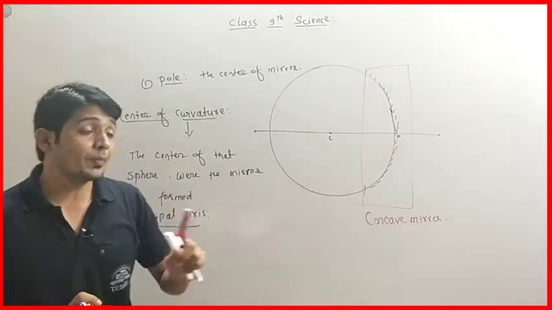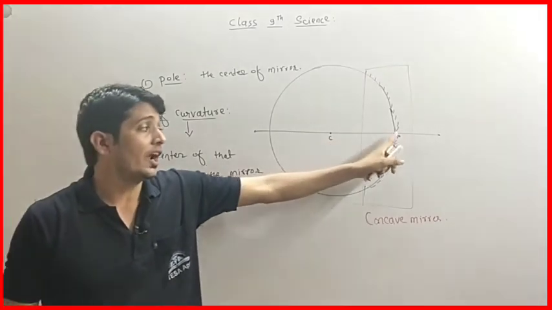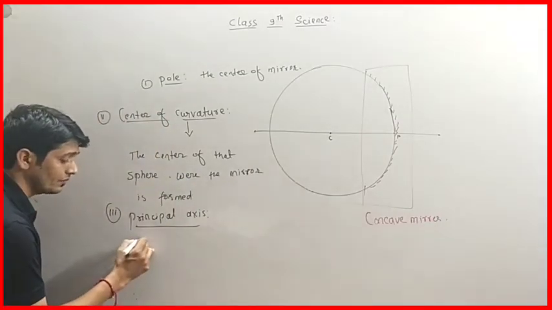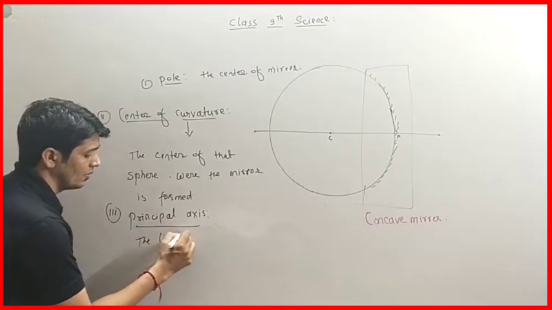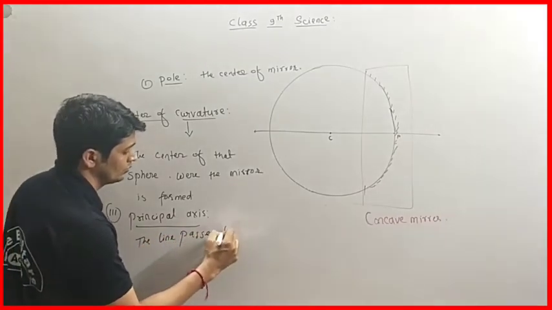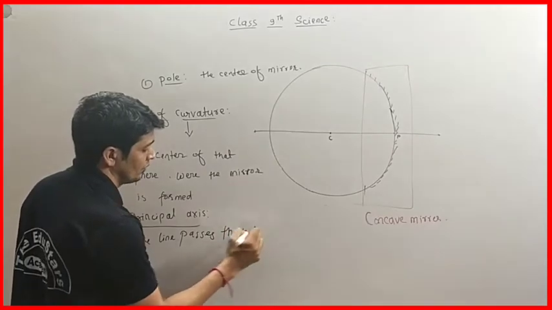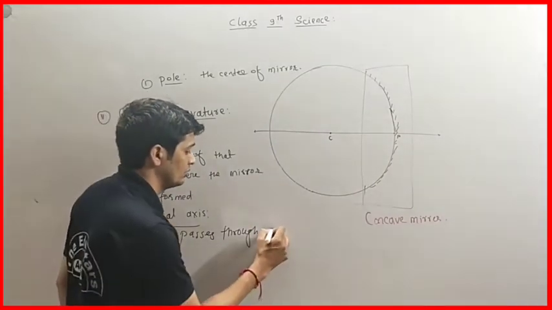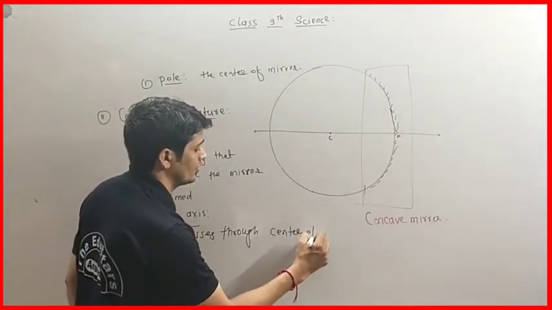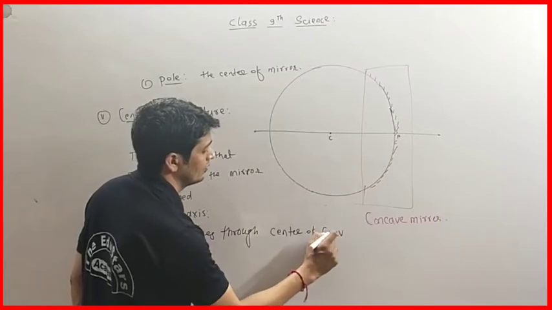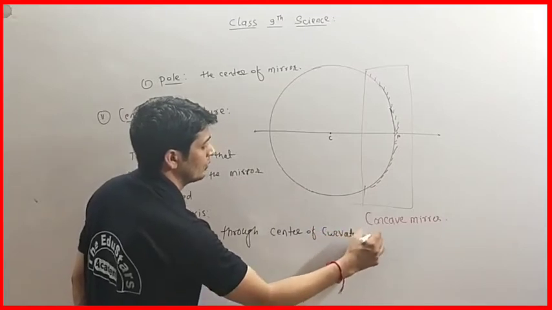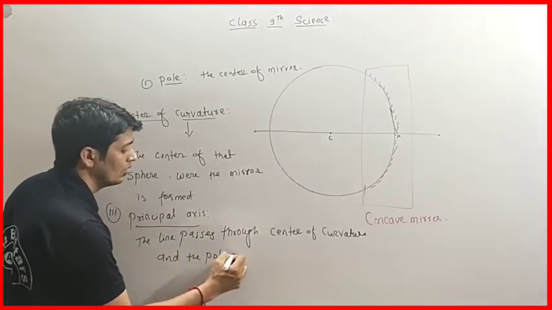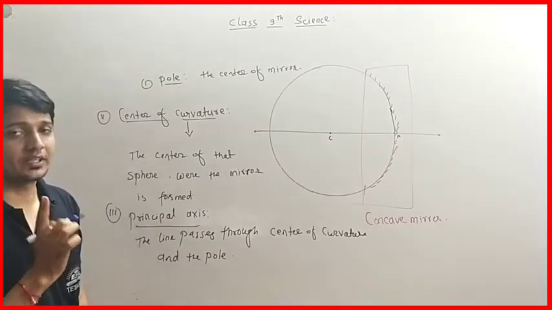The line which passes through the center of curvature and the pole is called the principal axis.